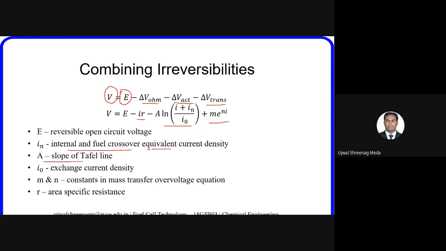A is the constant of the Tafel equation, and i naught is the exchange current density. Here m and n are constants in the mass transport overvoltage equation. And R is the ASR, that is area specific resistance. So likewise, all these losses should be measured, differentiated and accounted for so that the actual voltage of the fuel cell can be determined.